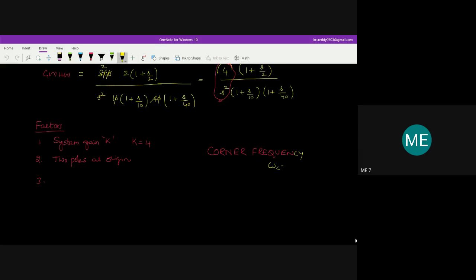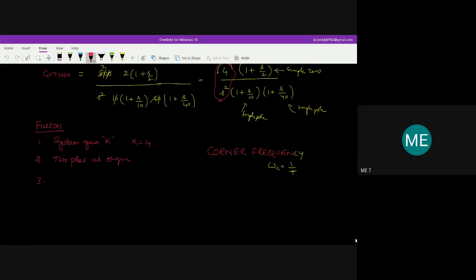Omega c is equal to 1 by T. So if you look here, we have the simple zero here, and this is the simple pole and this is also a simple pole.